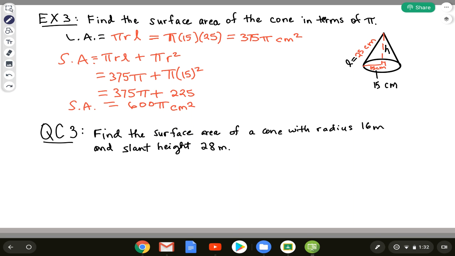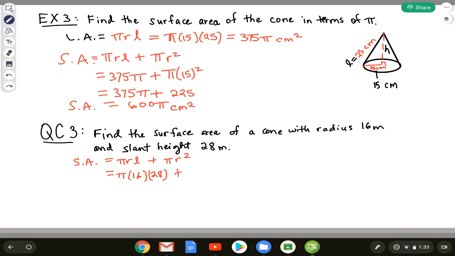Okay, pause and try quick check 3, where we'll find the surface area of a cone with radius 16 and slant height 28. Alright, hopefully you paused and worked that out. I'm just writing down the formula again. We're going to plug things in. So I have pi times the radius, which this time is 16, times the slant height, which is 28. That's the lateral area.